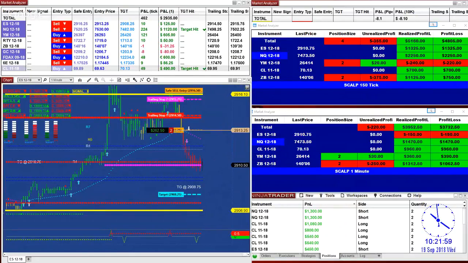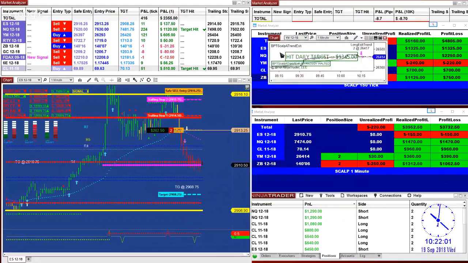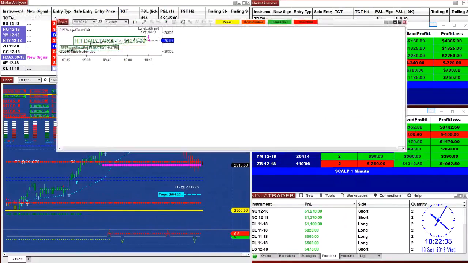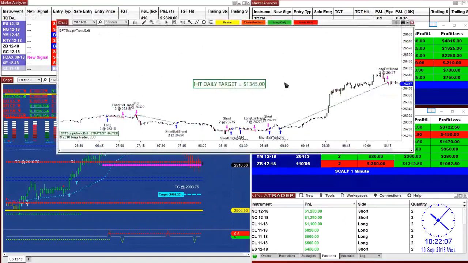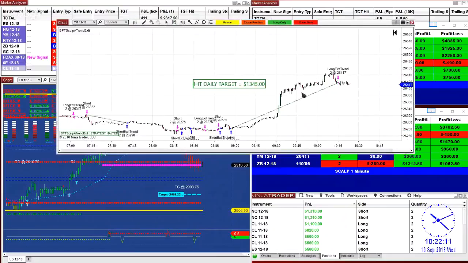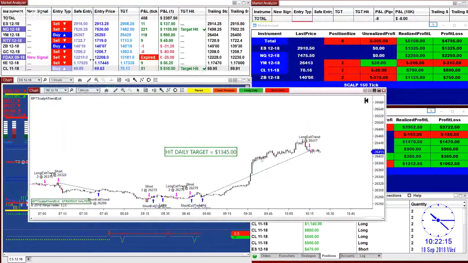The YM on the swing trading 1 minute has hit the target. You can see the chop, and nailed 1,345. There is a new signal on the DAX, 2208, target 181.